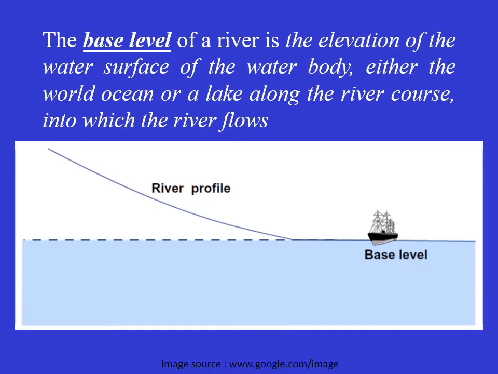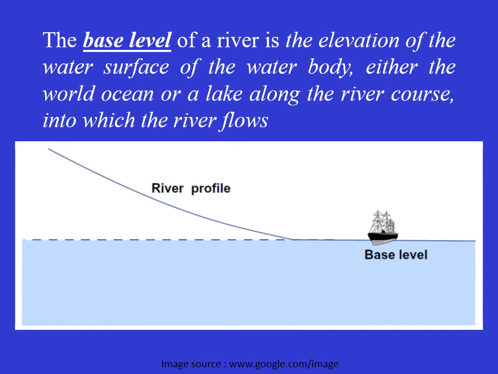Now a river during its journey from its source to the mouth, we know it erodes the sedimentary rock. Now up to which level can a river erode? That level is the level of the permanent water body, that means the level of the top surface of the permanent water body.